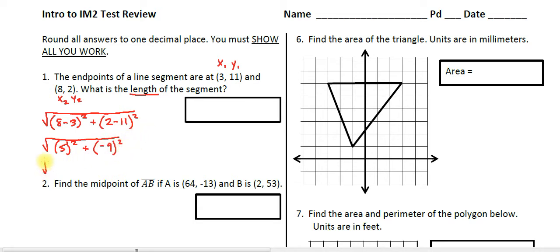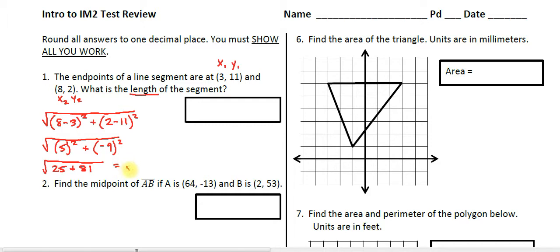Let's continue to simplify. 5 squared is 25. Negative 9 squared is positive 81. Remember class, the nice part about using the distance formula or Pythagorean theorem is when you get to this point, all your numbers should be positive because you're squaring your numbers, and squaring any number is going to turn it positive.